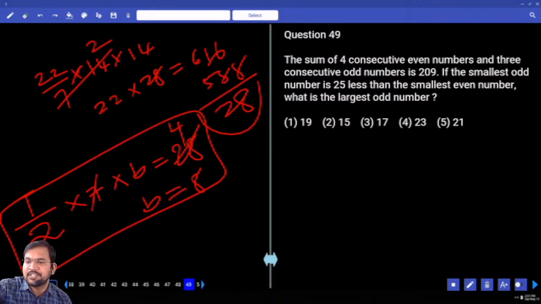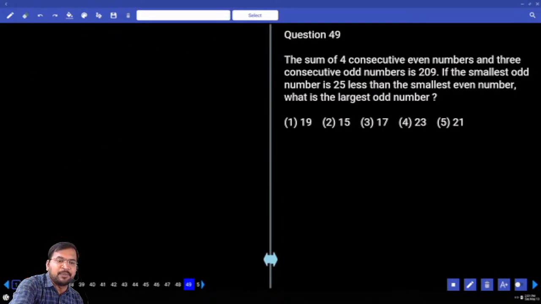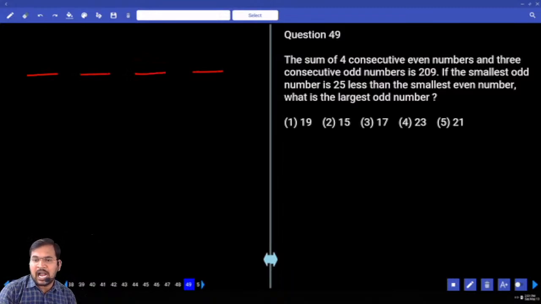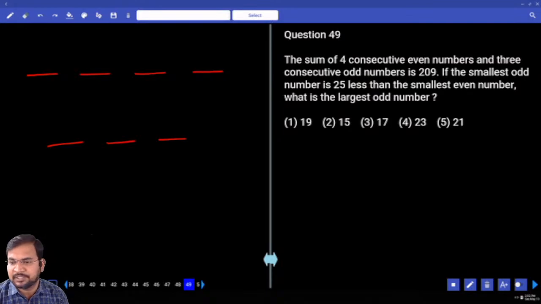The sum of 4 consecutive even numbers and 3 consecutive odd numbers is 209. If the smallest odd number is 25 less than the smallest even number, what is the largest odd number? 4 consecutive even numbers and 3 consecutive odd numbers, sum is 209.